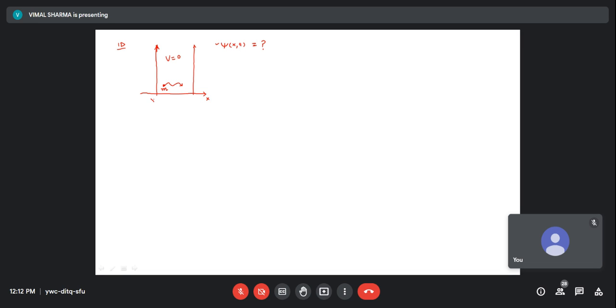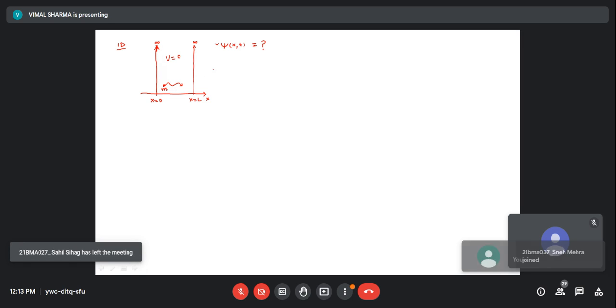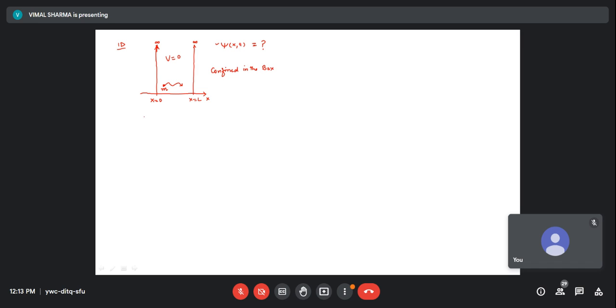These walls are at x equals 0 and at x equals L, so the dimension of this one-dimensional box is L, extending from 0 to L. As potential at the walls tends to infinity, the particle is confined within the box. It cannot move outside the box, so the probability of finding the particle within the box is 1.